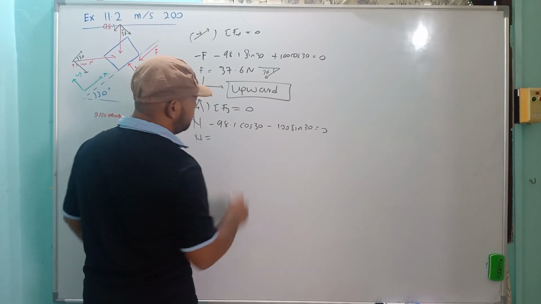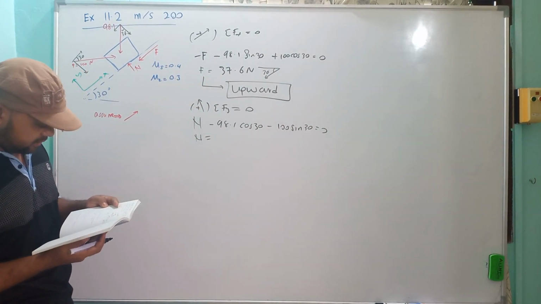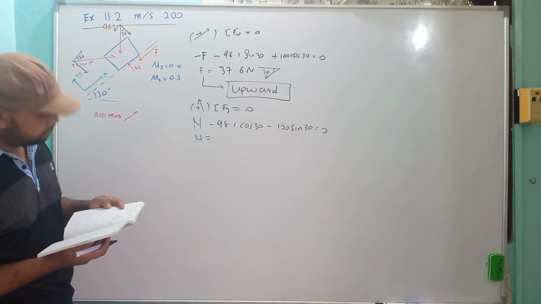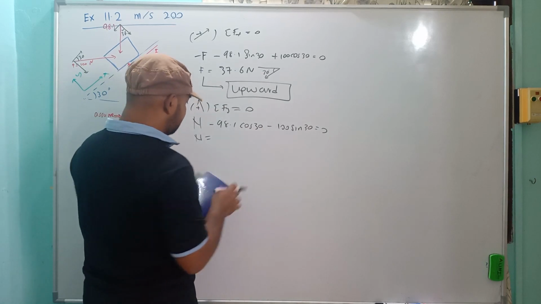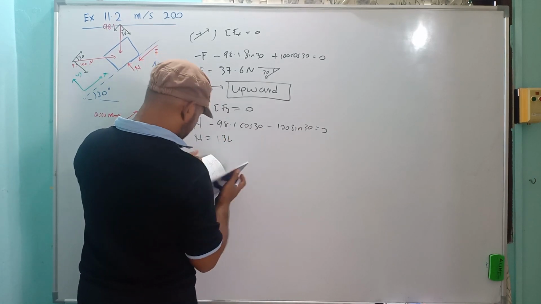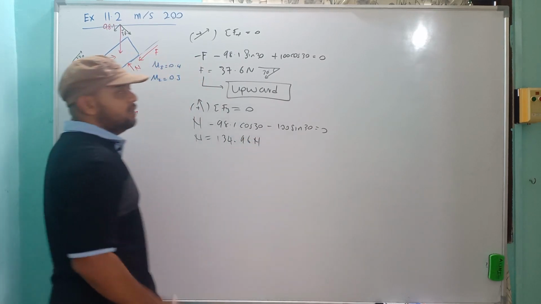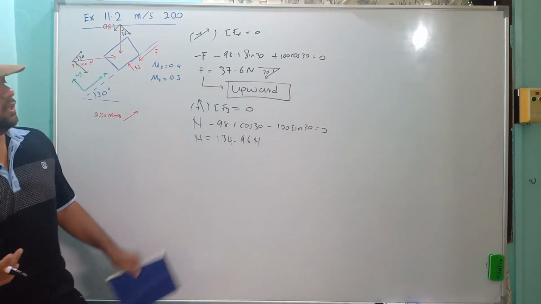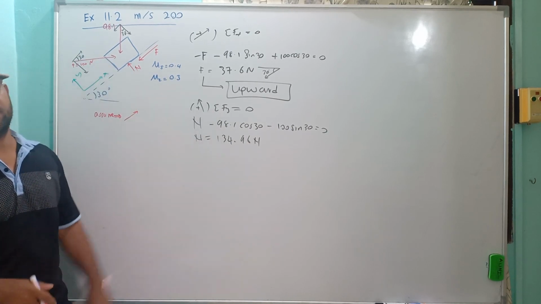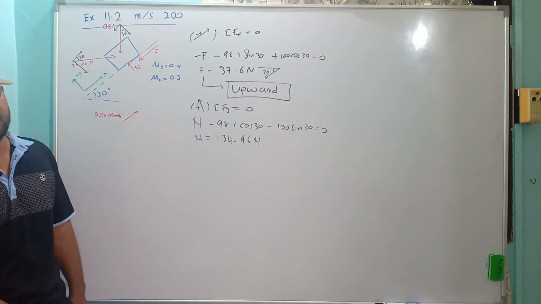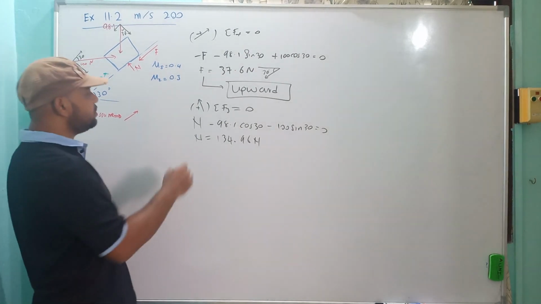From my calculation, N equal to 134.6 Newton. Bear in mind, normally the N must always be positive unless you got your free body diagram incorrect. The N is in the opposite direction. If it's a normal force, it's always positive.